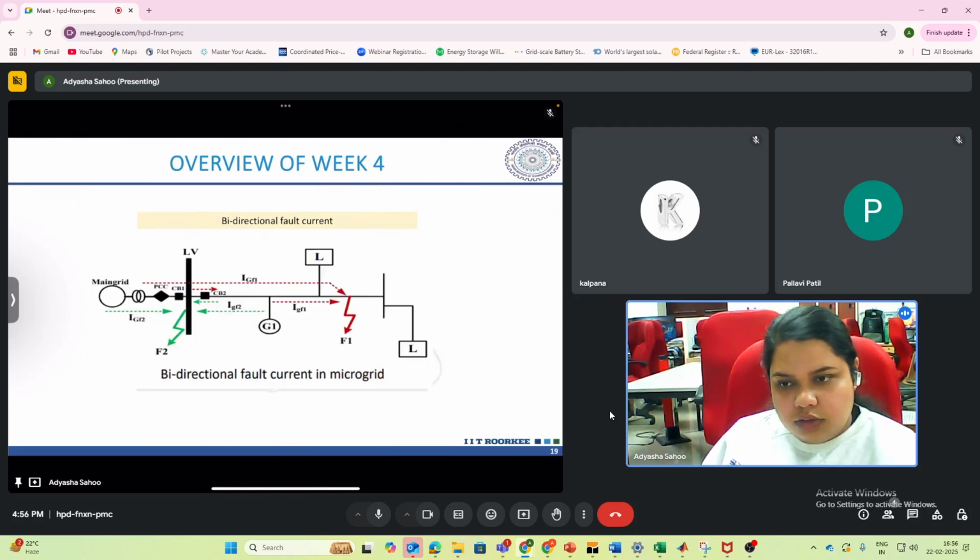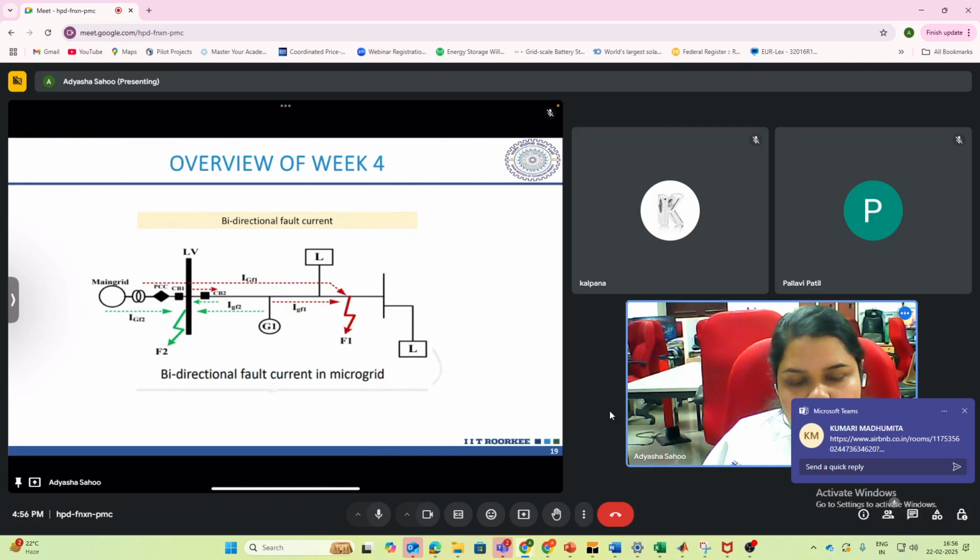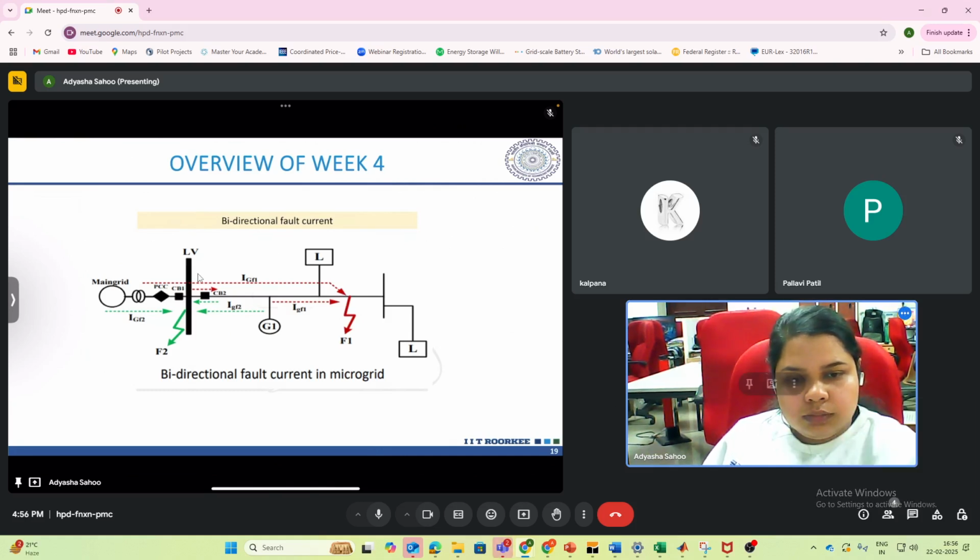Then next is your bidirectional fault current. Here we see there are two fault locations, F1 and F2. For location F1, if there is a fault here, you have two sources, G1 and the main grid.